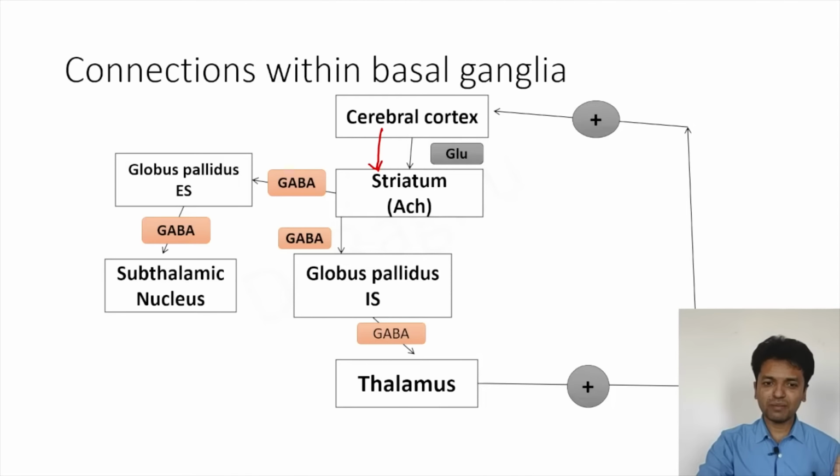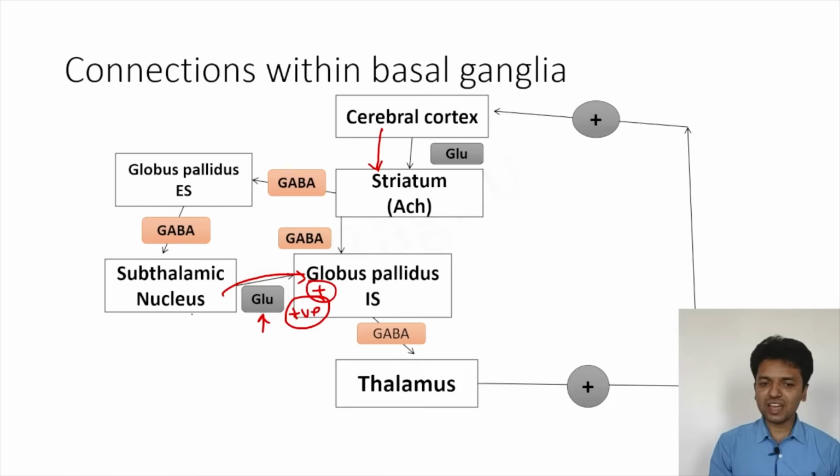Now, from the subthalamic nucleus, the fibers come back to the globus pallidus internal segment. And what are these fibers? These are glutaminergic fibers. Glutamate is an excitatory neurotransmitter. So now what is the influence of the subthalamic nucleus on the globus pallidus internal segment?